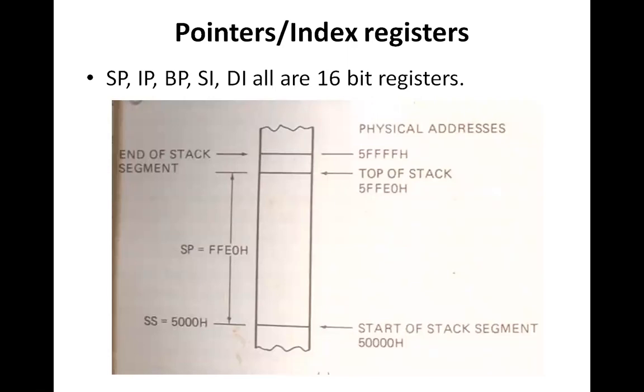Of course, the data segment register will provide the base address. The content of the data segment will be shifted 4 bits left, and the content of BP, SI, or DI will be added to get the effective address.